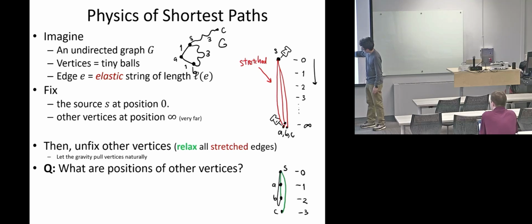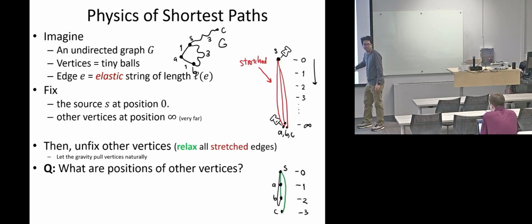A here now hangs from S. B hangs from A, and the edge from S to B here is not stretched now because it is too long.